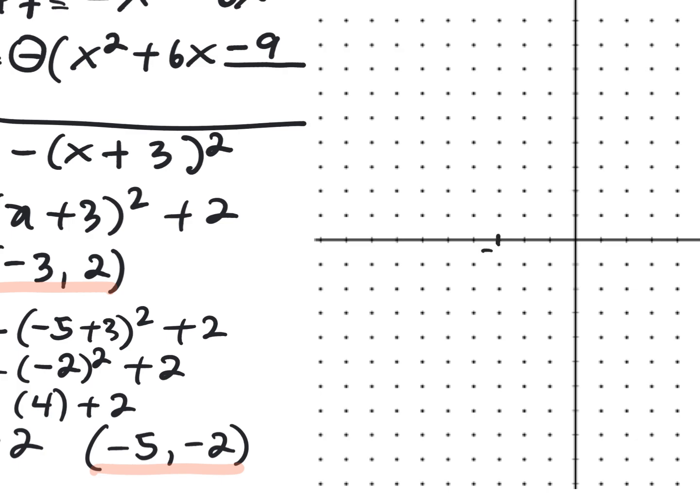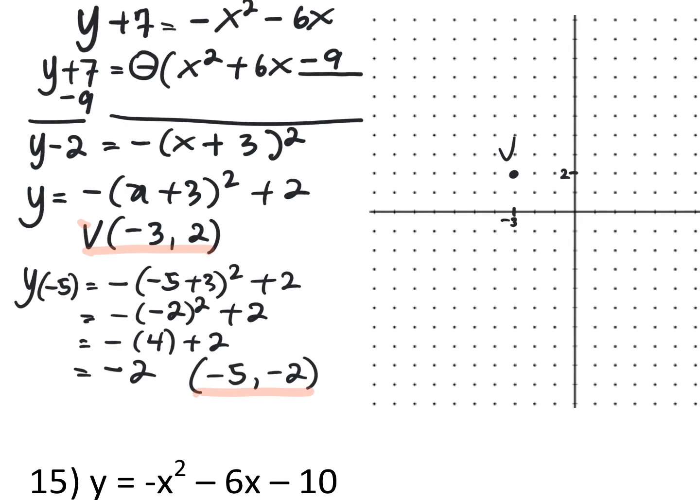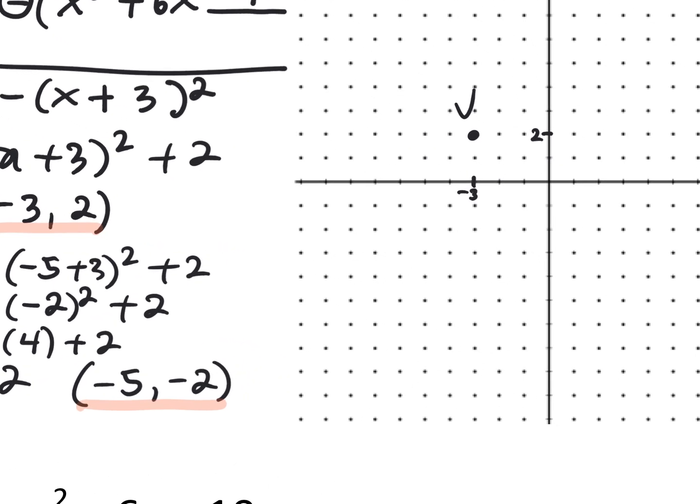This is our negative 3, and 2 is here. So this is the meeting, that's the vertex. Now remember that there's a negative in front, so it's going to be opening downward. Then my next point is at negative 5, negative 2. Okay, 3, 4, 5, and then it goes negative 2. So my next point is going to be here.